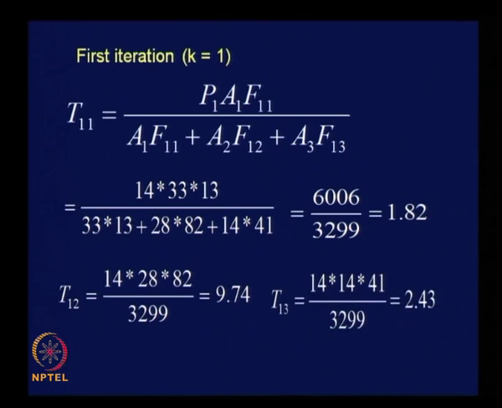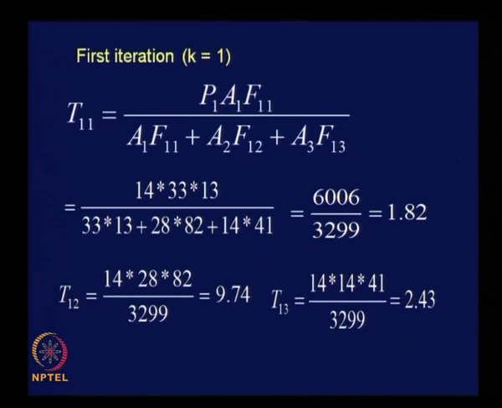And then T13 between 1 and 3: 14 into 14 into 41 whole divided by 3299, same denominator, which gives you a Tij value of 2.43. So T11 is 1.82, T12 is 9.74, T13 is 2.43. This is the distribution of trips from zone 1 to the other zones.